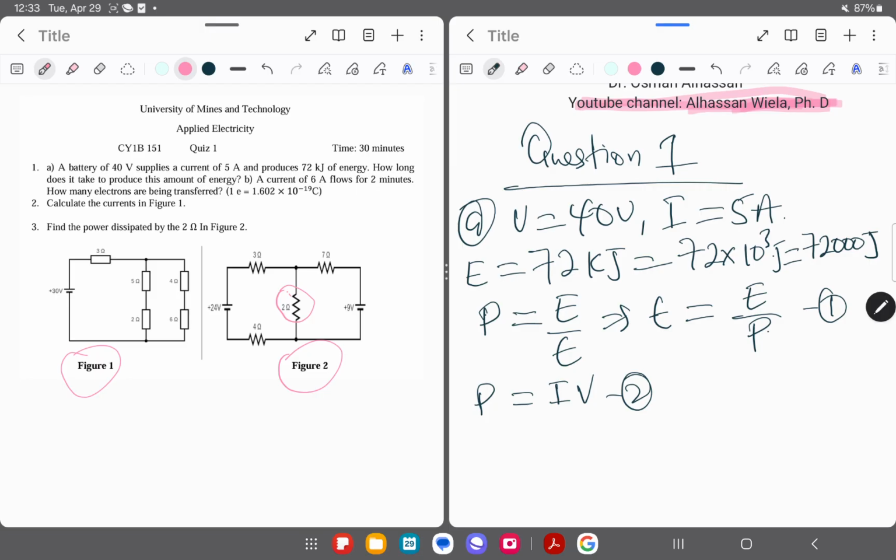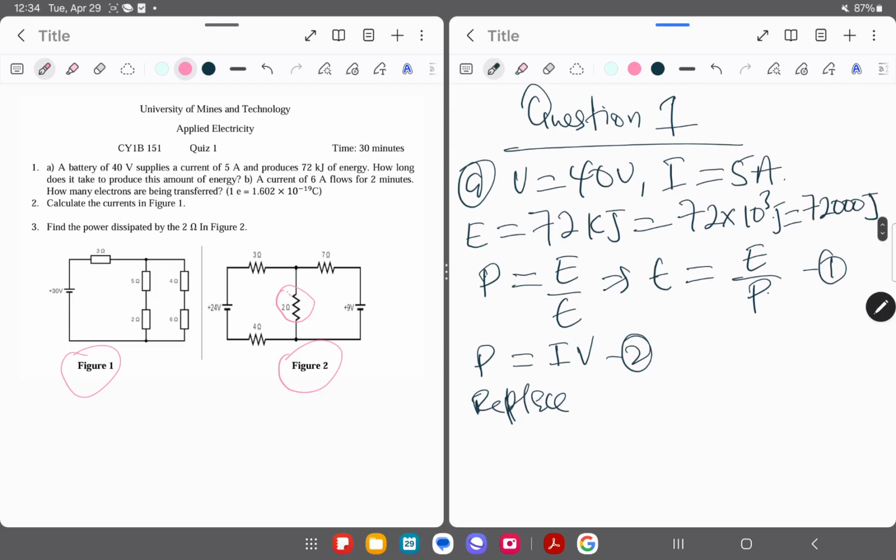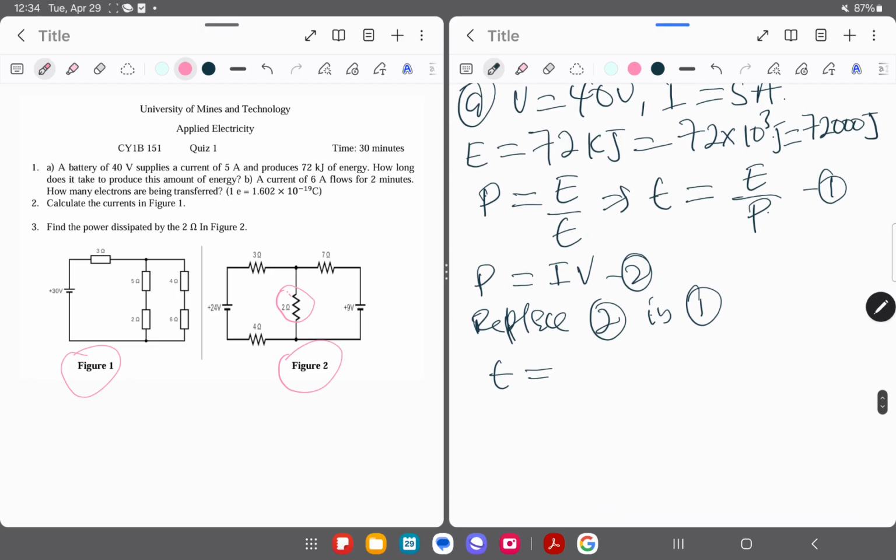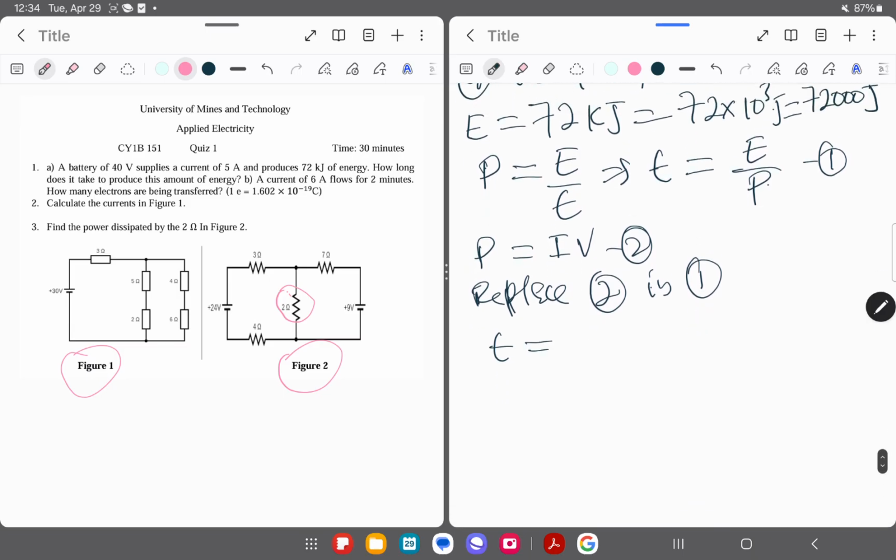You can replace equation 2 in equation 1, so that we get time to be equal to energy over power, which is now energy over current times voltage.